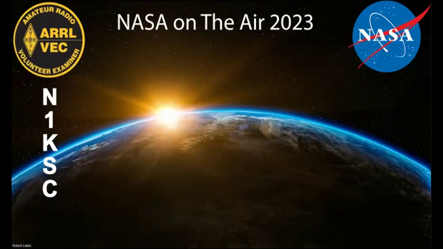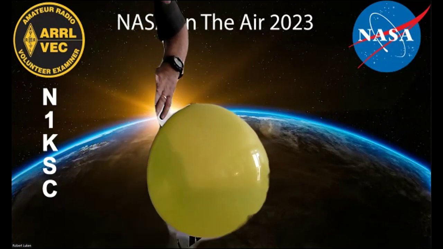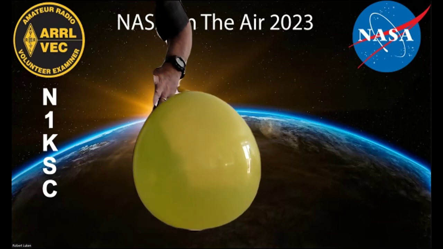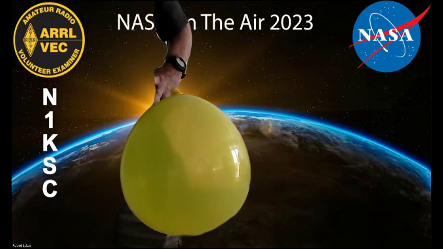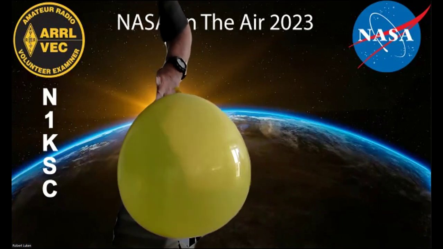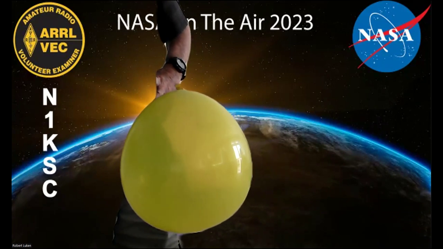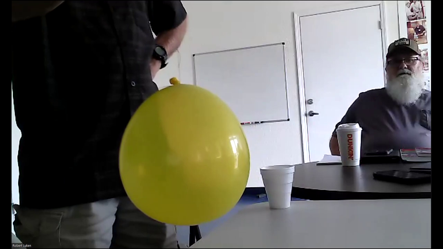There you go. There's the balloon. There's a face. You can temporarily turn the background off and it will come back on. I'm looking how to turn it off. I'm seeing a yellow balloon. Oh, there we go.